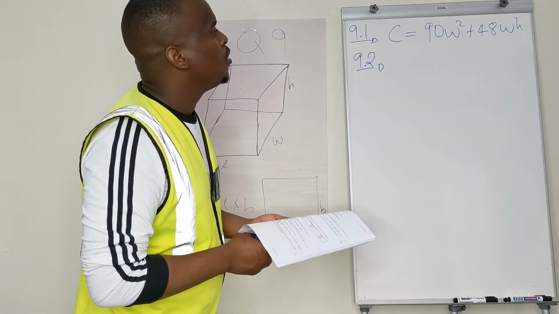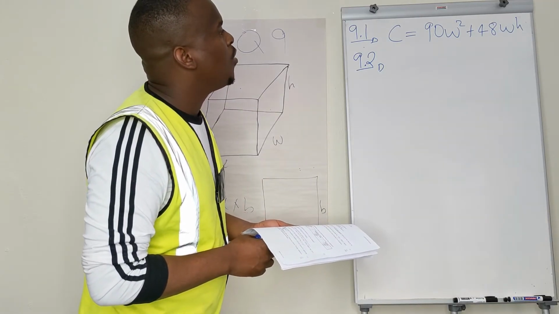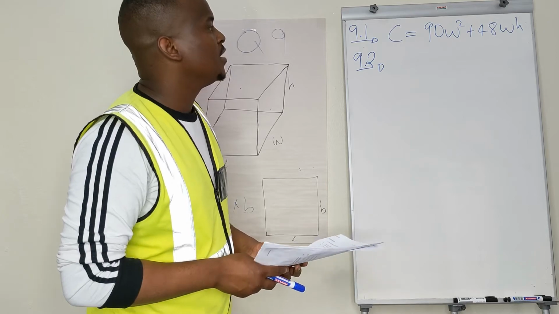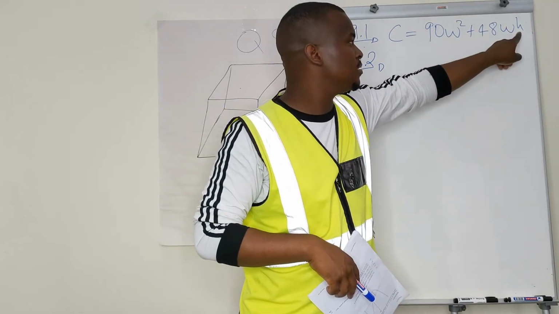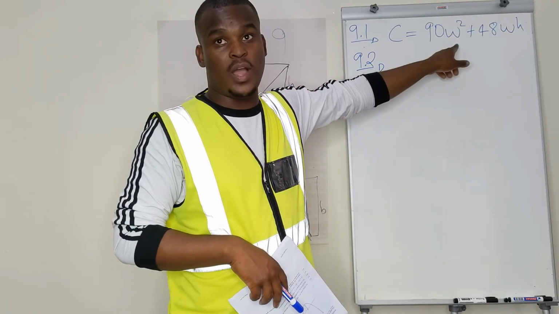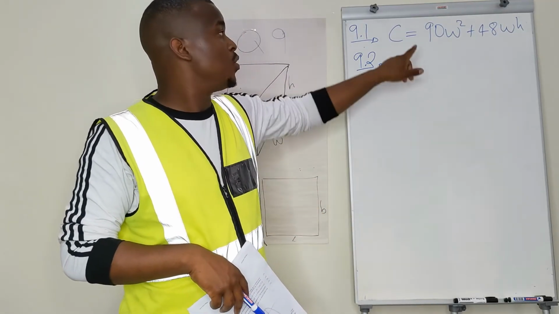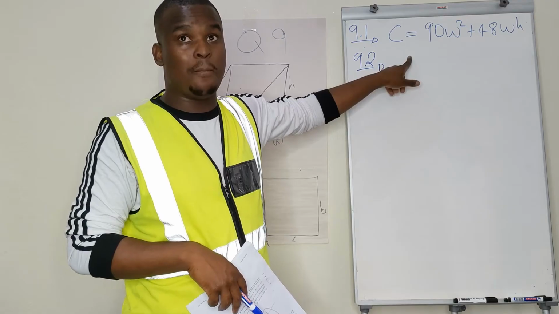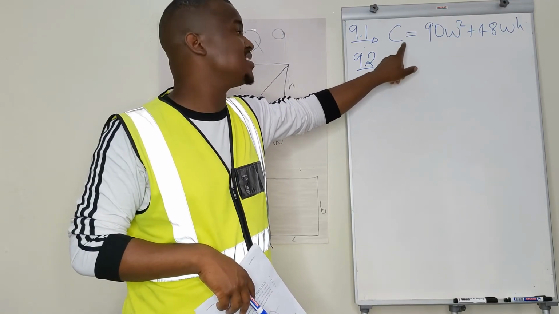So what we need to do is to express h in terms of w as well. Once we have that, to find our minimum width, we must derive this.